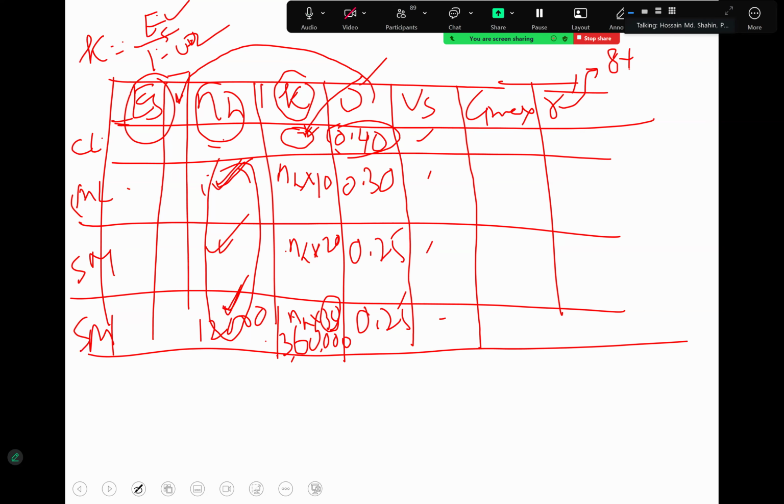So add 9.81. So it is 17.81. Gamma equal to 17.81 kilonewton per meter cube. But you need rho. So if you divide it by 9.81, you will get rho.